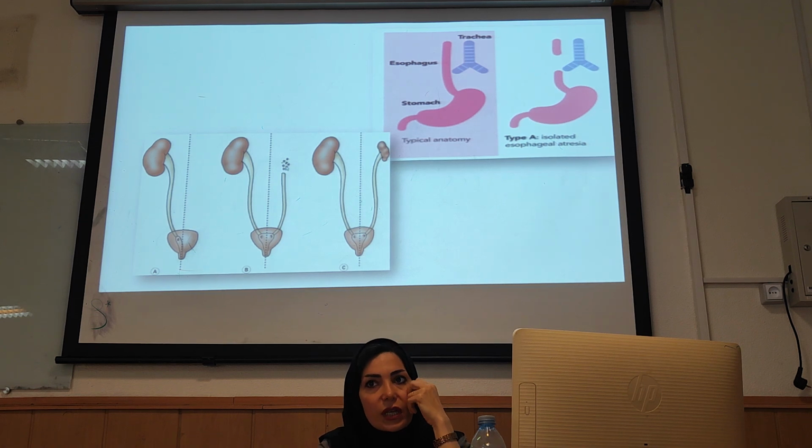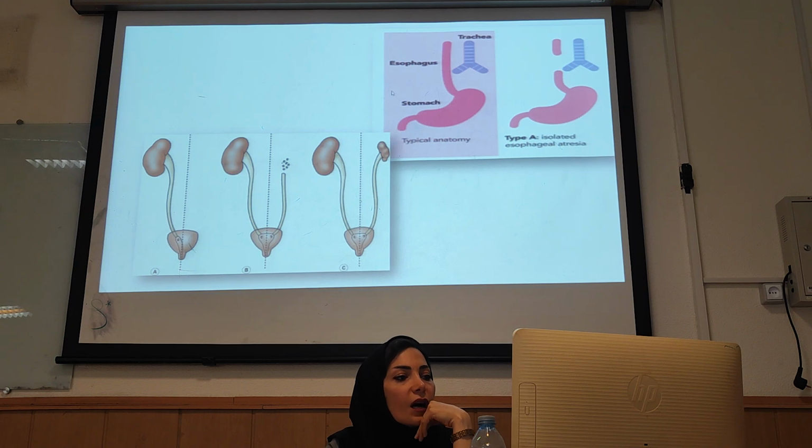Aplasia. Aplasia, formation is present but development is not present. And this one? Hypoplasia, underdevelopment. And this one? Normal esophagus. And this one is? Atresia. Atretic esophagus. Yeah, atresia.